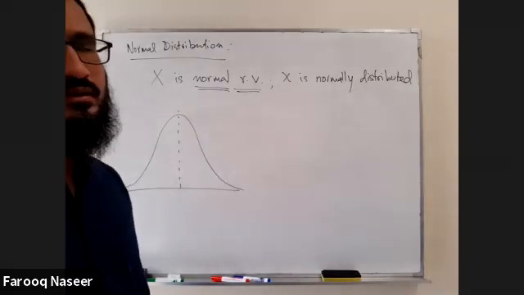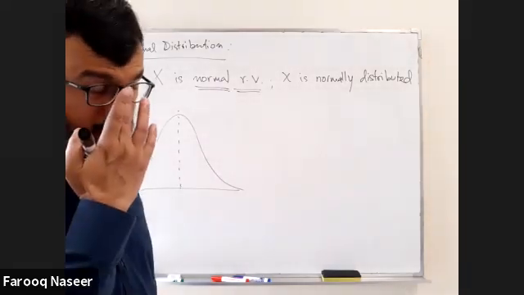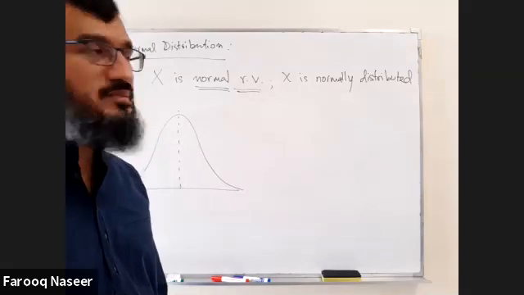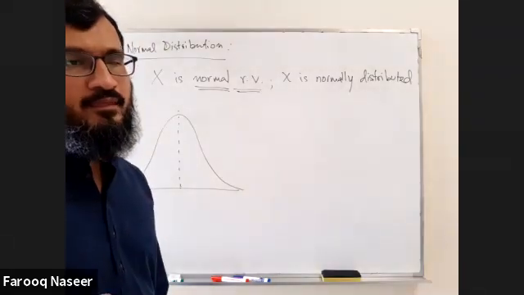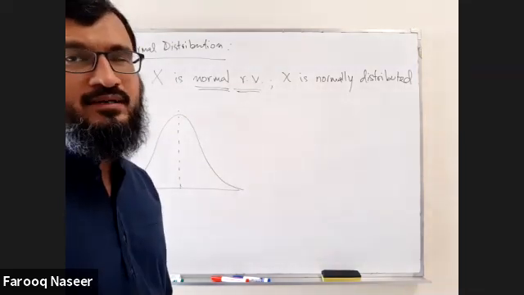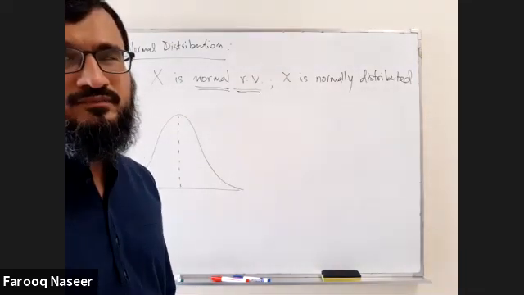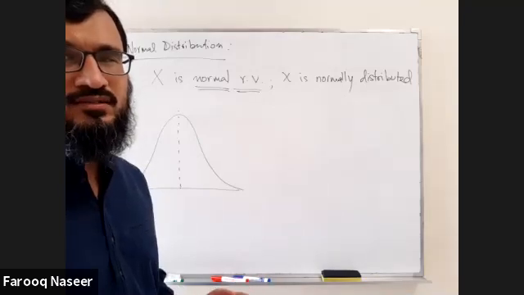So one kind of unique feature about normal distribution, it may hold for some others well, is that if you take a few independent normal random variables and if you add them together, right?